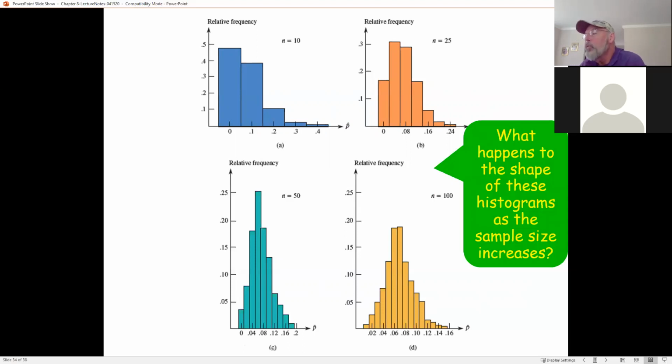And the shape of the normal distribution comes about as the sample size increases.